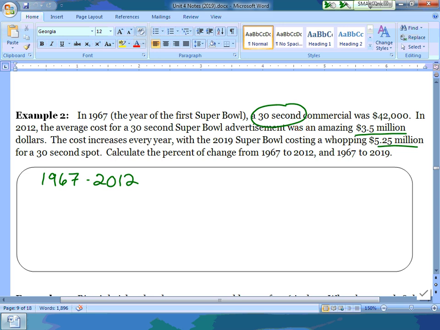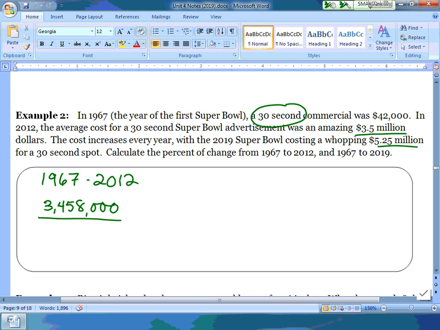So find the difference between 3,500,000 and 42,000. And that would get your amount of change. Like, how much has it changed? Well, if you do that calculation, you would see that the price has increased $3,458,000 per 30 seconds.